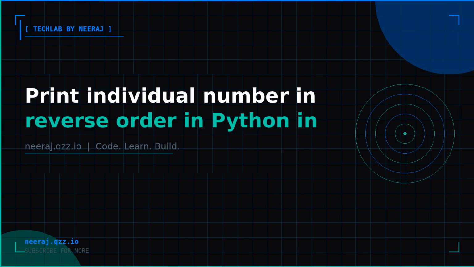Python: import re, def reverse_digits, if isinstance and num >= 0, num_str = str, num_digits = re.findall, reversed_digits = num_digits[::-1], reversed_num_str = ''.join, reversed_num = int, return abs, else, return num, print.